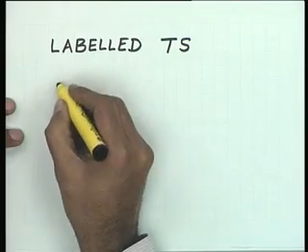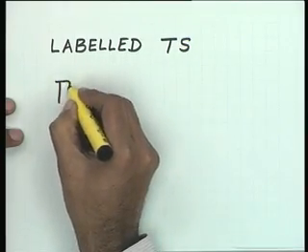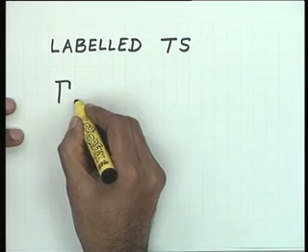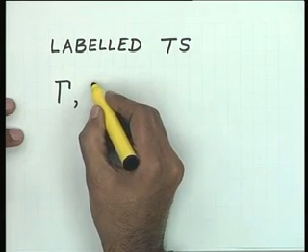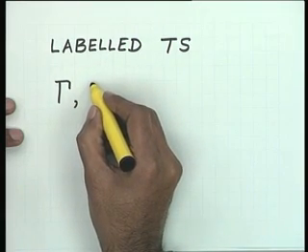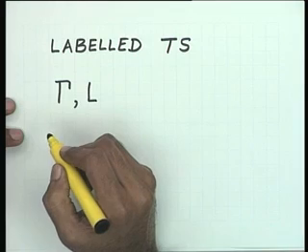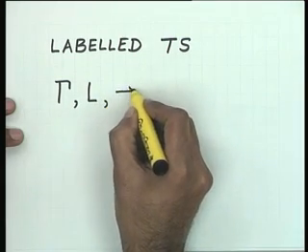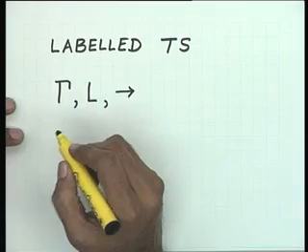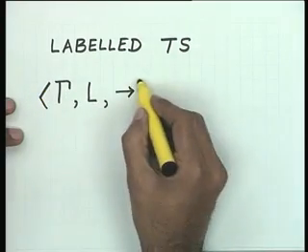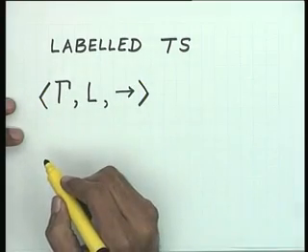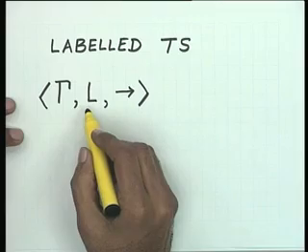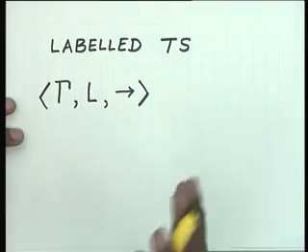So there is a collection of configurations gamma, there is a set of labels which I will call L, and there is a transition relation. Okay, so a 3-tuple.